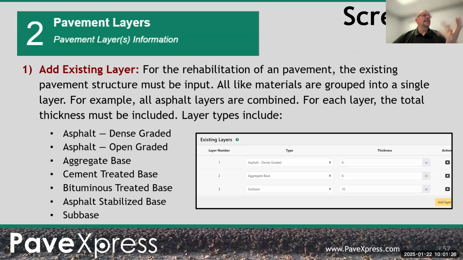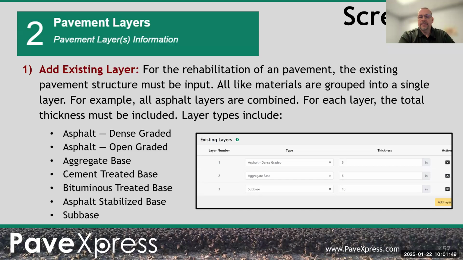So when we're adding existing layers for rehabilitation, we've got to know what our existing pavement section is. So we add those in here, and it gives you options for selecting different types of asphalt, aggregate base, cement treated base, asphalt stabilized base, and sub base.